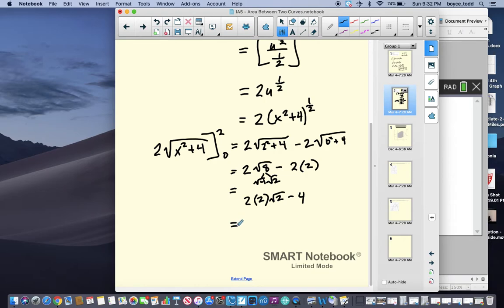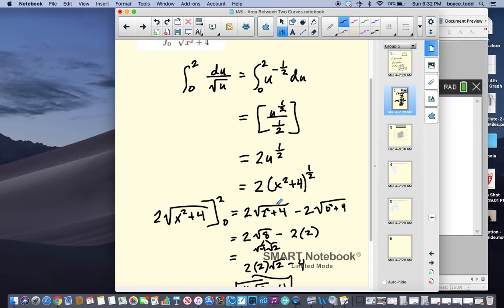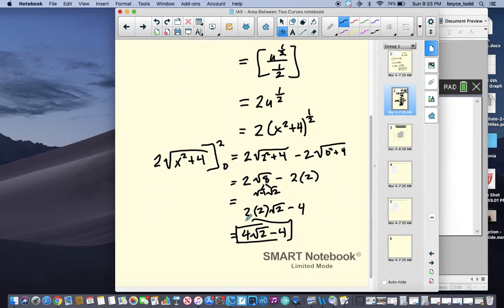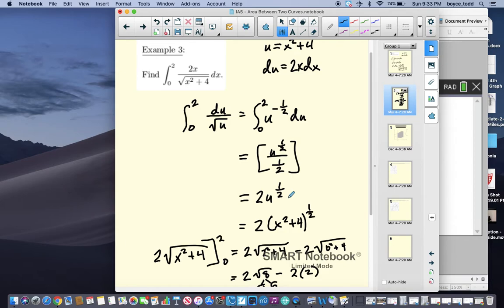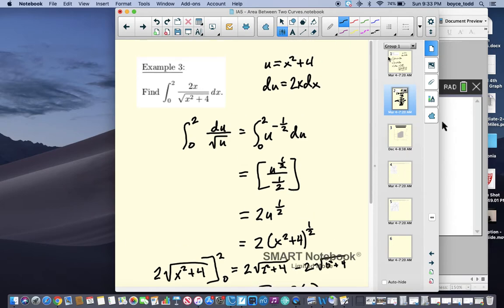So our final answer here is 4 square root of 2 minus 4, right? And if you got to right here, you could use the calculator from here, and that would be fine, but this is how you want to write your final answer. Okay? So, that was the review.